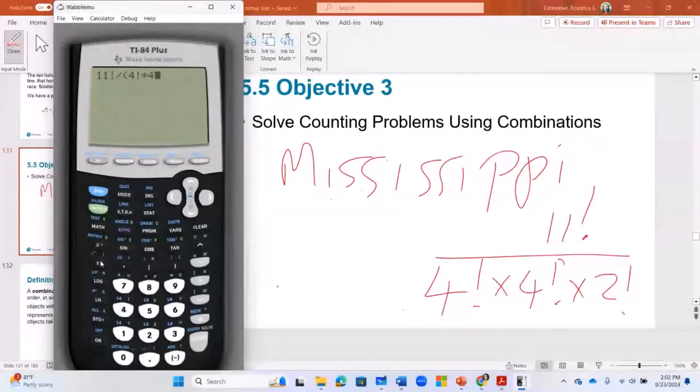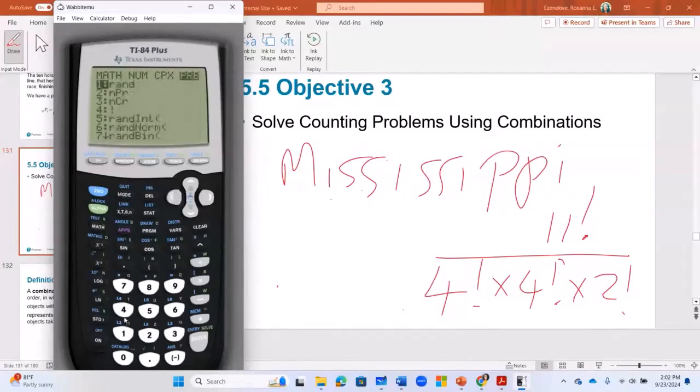Math, PRB, and multiplied by 2 factorial. It might be in your test, because I don't always give exactly what is in the homework, so I can change it, but you're going to see this in your homework.